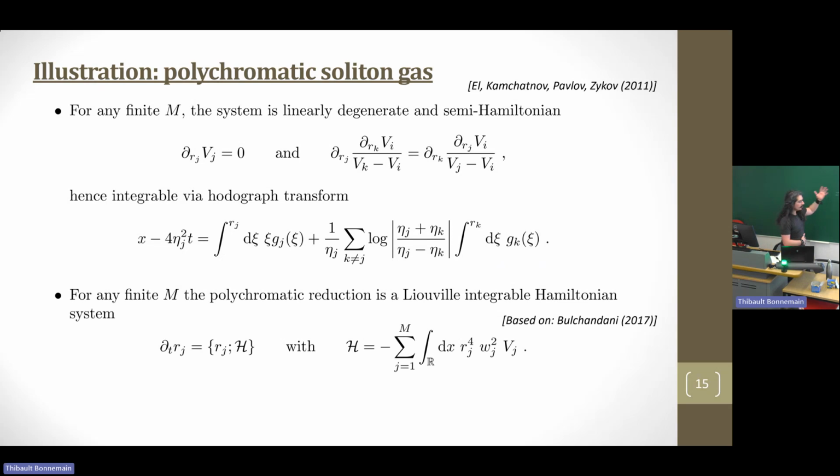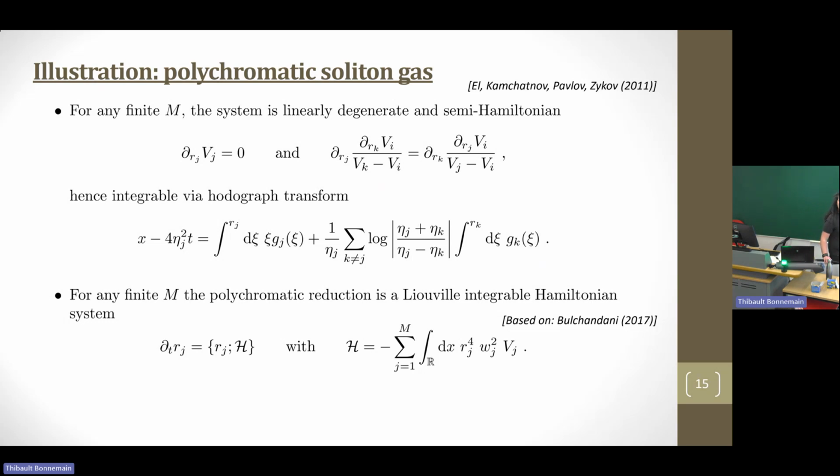Okay. So finally, it's also been shown that for finite n, the polychromatic projection is also a Liouville integrable Hamiltonian system in the traditional sense, that you have n conserved quantities that are functionally independent and Poisson commute with each other, with respect to a Poisson bracket that is non-local and a bit complicated to write.